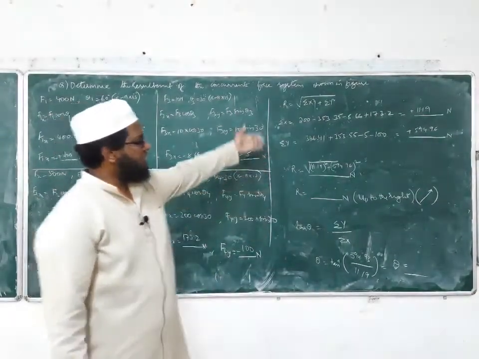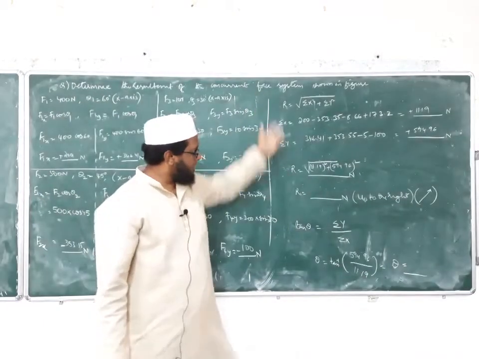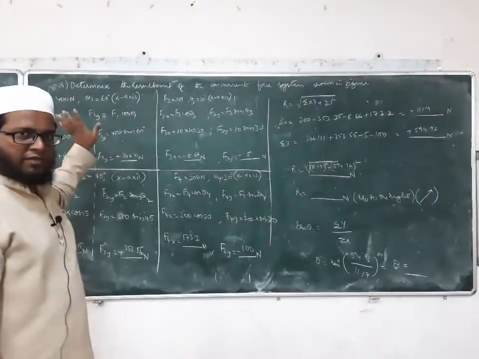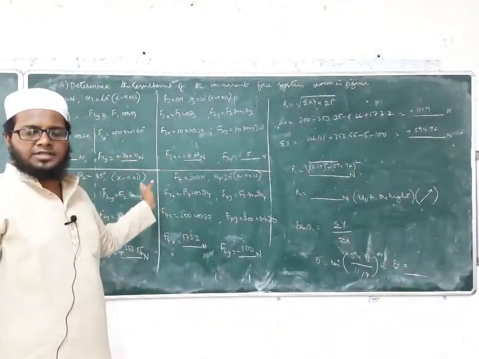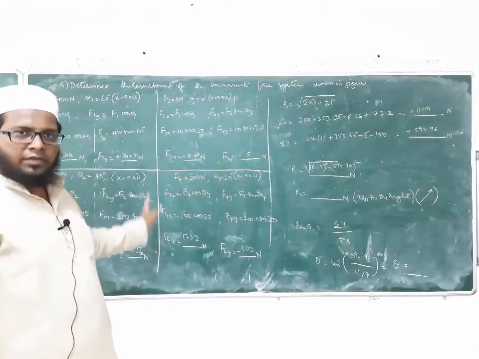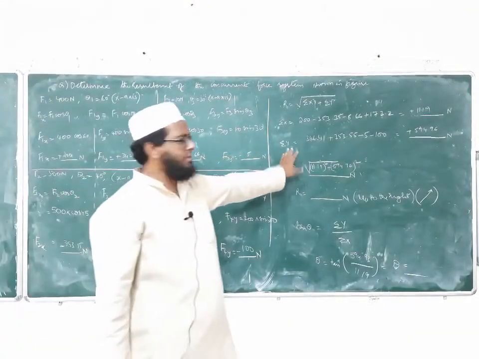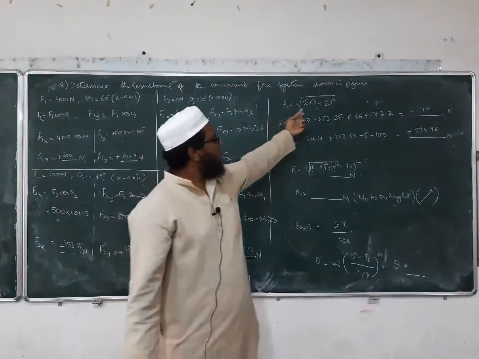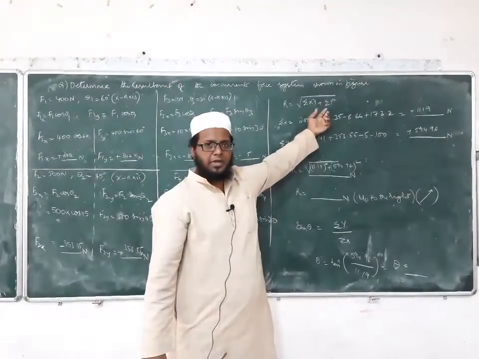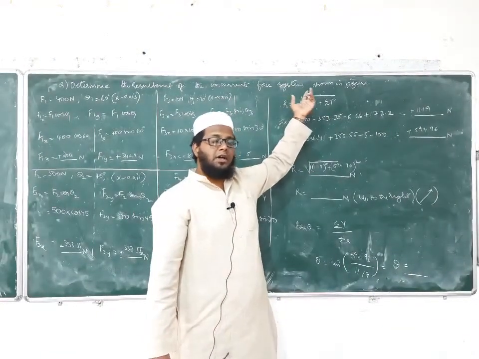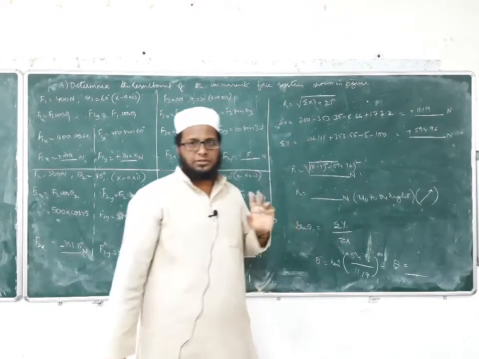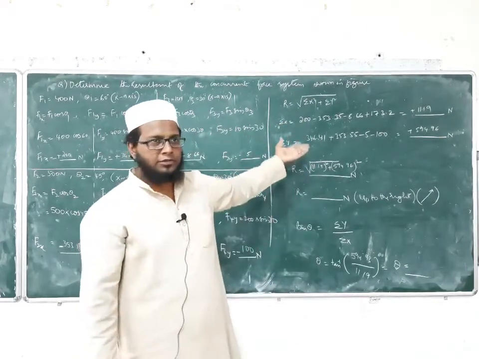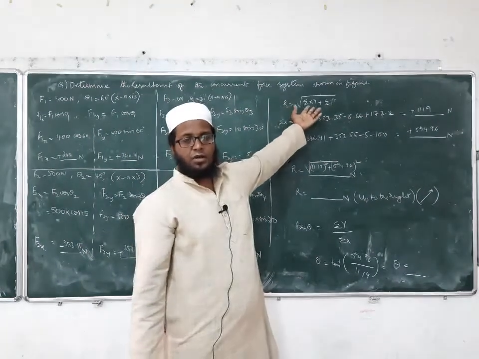Okay, so this is one new thing, this step. All these we have calculated in the previous classes, isn't it? Calculating components of each force, components of x, y, all these things. The add-on we have done in this problem is that we have calculated the resultant with the help of this x and y formula. In the previous cases we calculated the resultant only for two forces, but here we have multiple forces, so multiple forces need all the components.